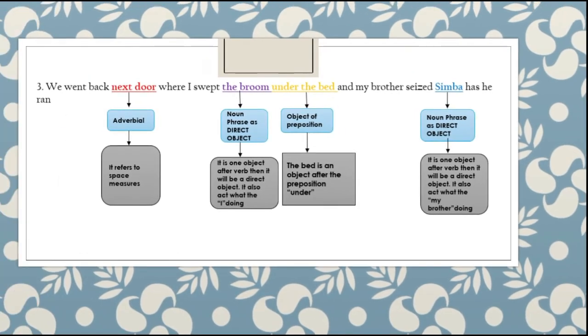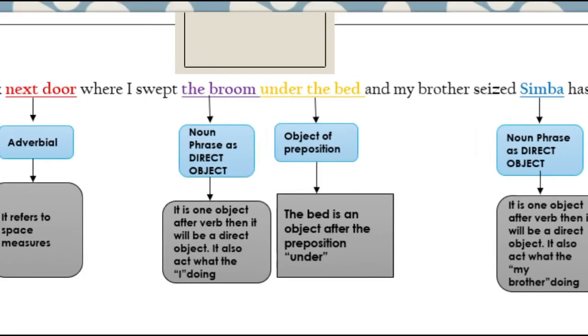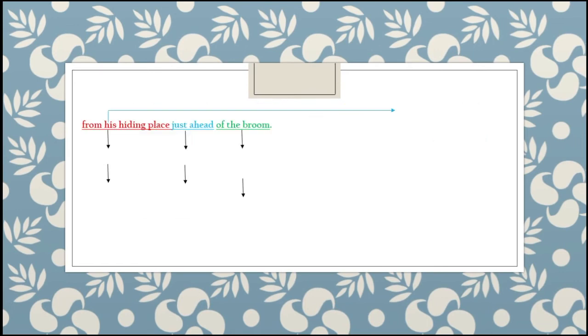Simba is a direct object because it is one object after the verb, then it will be a direct object, and it also acts on what my brother is doing. And next is from his hiding place. From his hiding place is object of preposition.